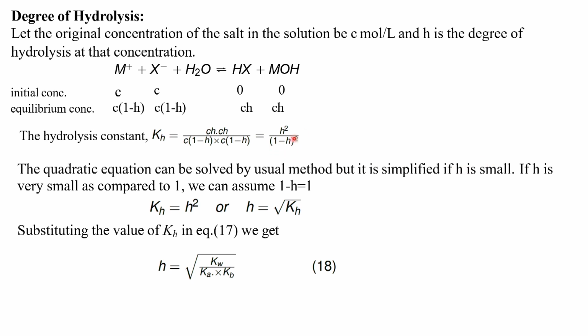If h is very small compared to 1, the denominator is 1, so we get Kh is h squared, or h is root over Kh. So if we substitute the value of Kh here, the value of h is the square root of Kw by Ka times Kb.